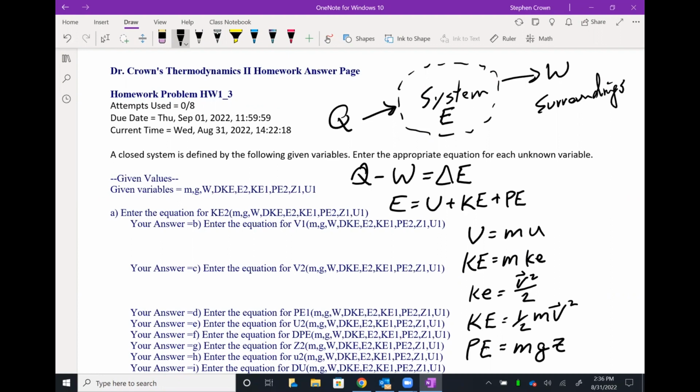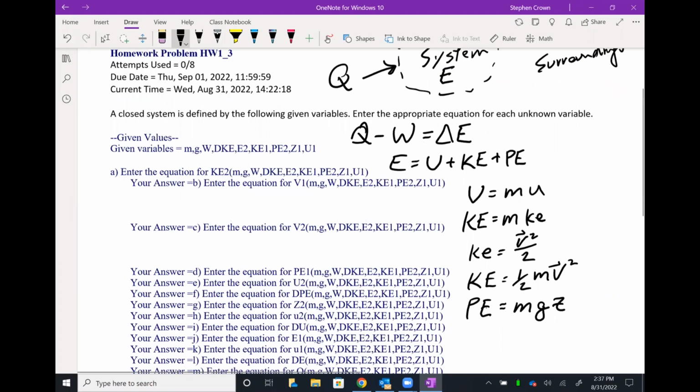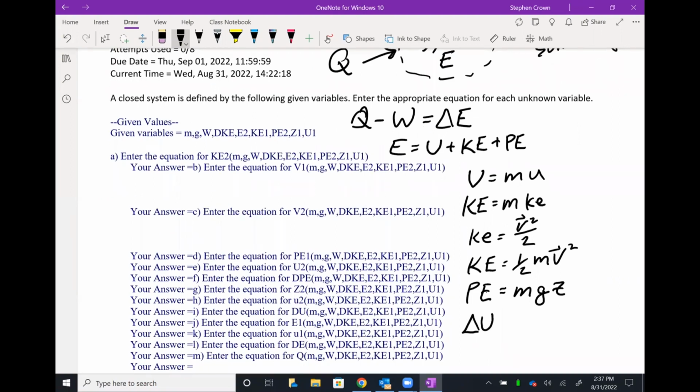Now, if we're talking about particular states, then we can say that we have, say, the internal energy at state 2 and the internal energy at state 1. So delta capital U equals m times the specific internal energy at state 2 minus specific internal energy at state 1.